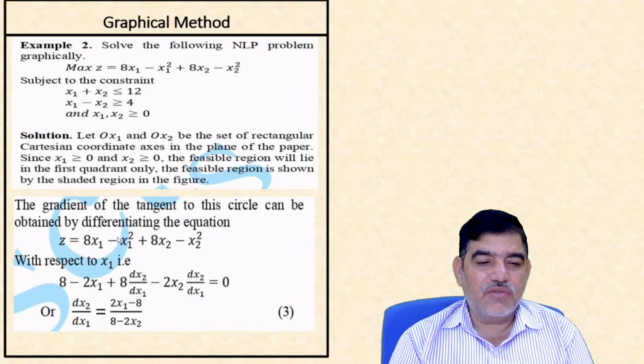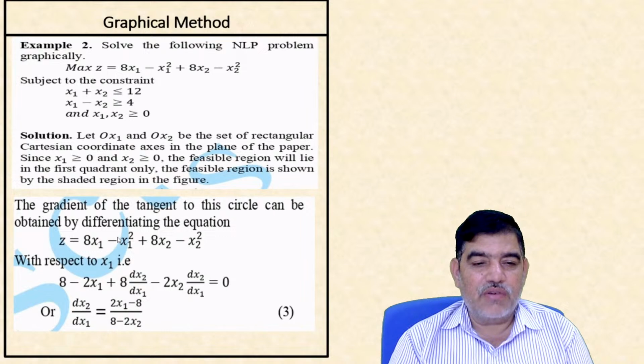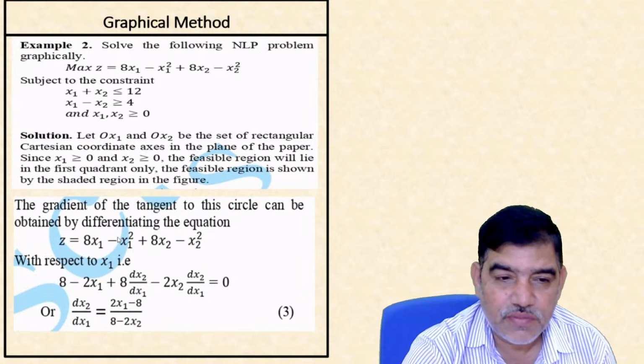Or dx2 divided by dx1 equal to 2x1 minus 8 over 8 minus 2x2.